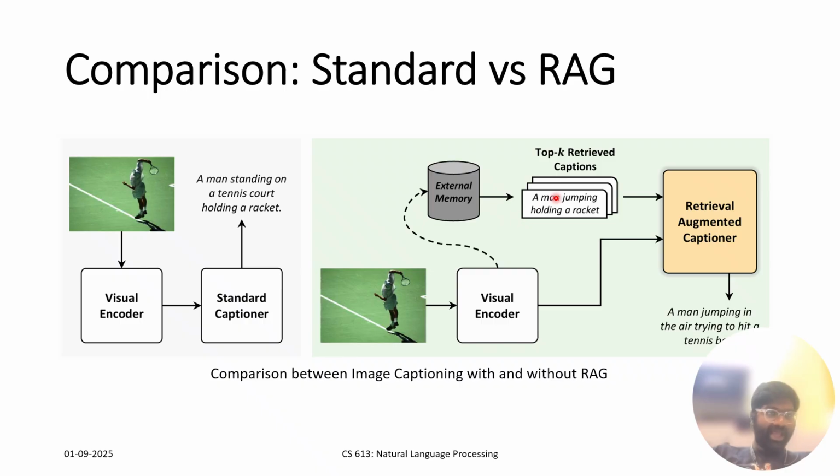We pass these top k retrieved captions along with the visual encoding to the retrieval-augmented captioner, which generates the final caption. You can also see the difference in the captions generated between a normal and a RAG-augmented caption. You can observe that there is more context present in the RAG-augmented one.